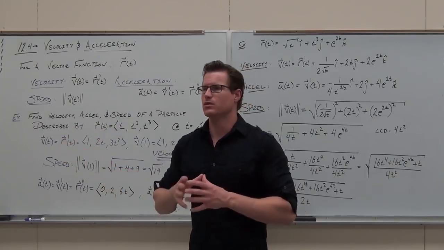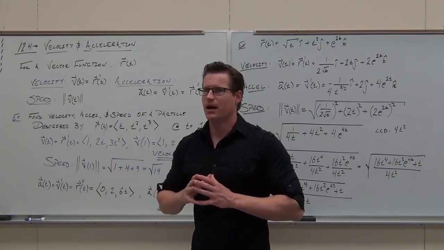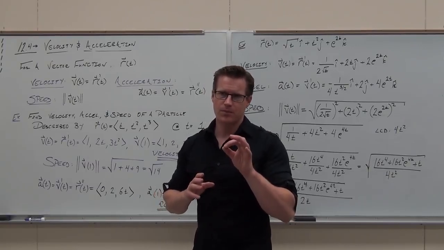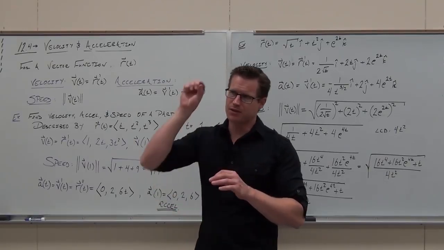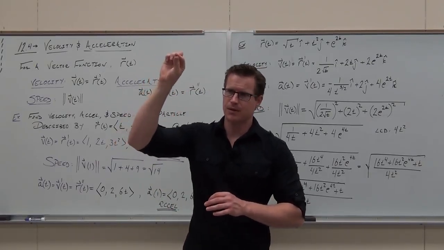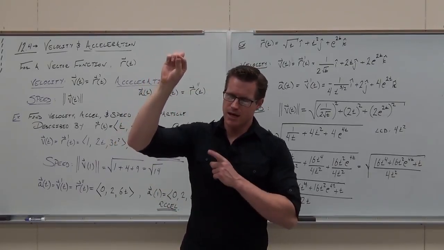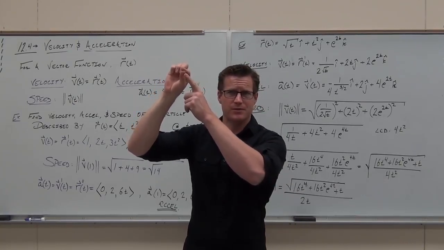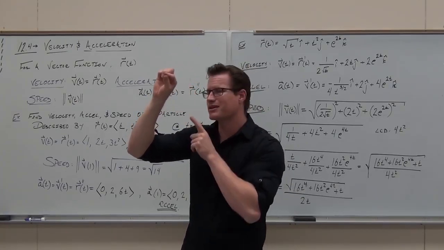Let's say that I give you this information. I know that we have a particle, and a particle started at this point in space. With that point in space, I can give an initial vector. Does that make sense? Because every vector can be defined as a position vector by doing just the terminal point. Very easy.